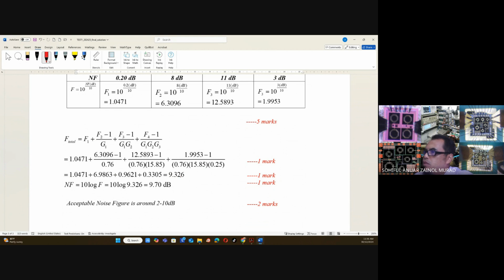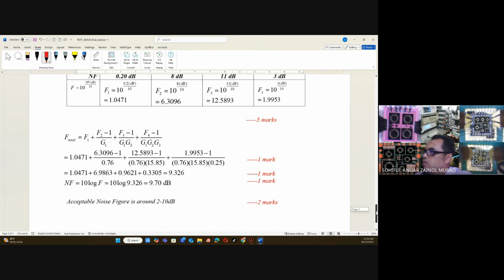So up to this value, all 1 mark. And then when you convert to dB, 10 log F is 9.7 dB, you get another 1 mark. Based on this range, you make the justification that this is an acceptable noise figure because the value is between 2 and 10 dB. This will contribute about 2 marks.